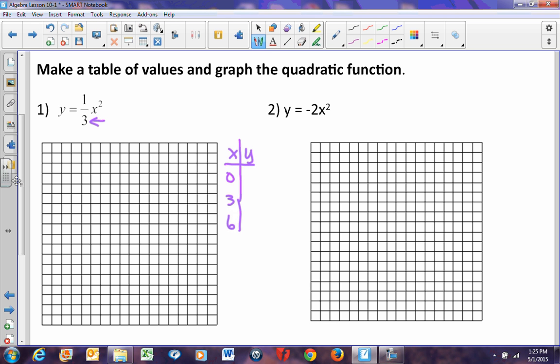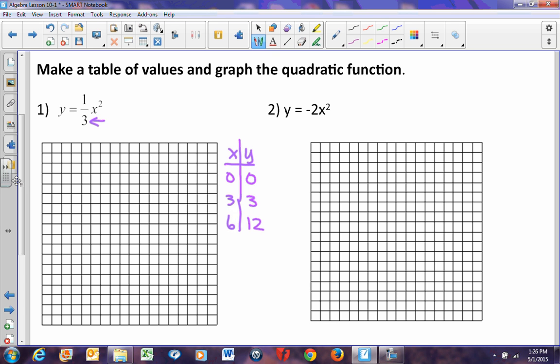If I take 1/3 times 0, I get 0. If I take 1/3 times 3, I have to square 3 first. 3 squared is 9, and 1/3 of 9 is 3. If I take 6 and square it, 6 squared is 36. 1/3 of 36, or 36 divided by 3, is 12.